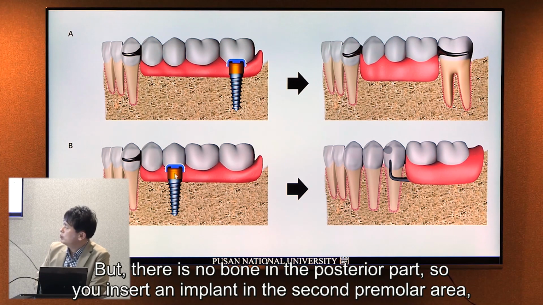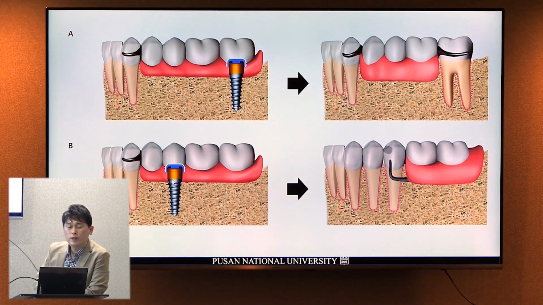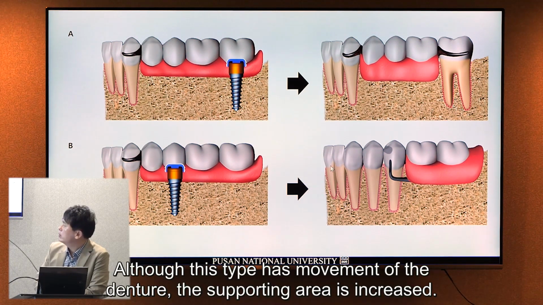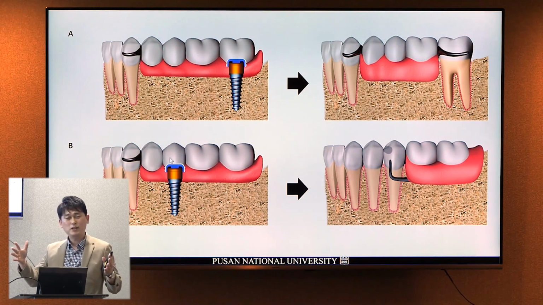Similar to the tooth-borne partial denture, but there is no bone in the posterior part. So you insert the implant in the second premolar area. That means you want to make a tooth and tissue-borne removable partial denture. Although this type has movement of the denture, the supporting area is increased. Do you understand?